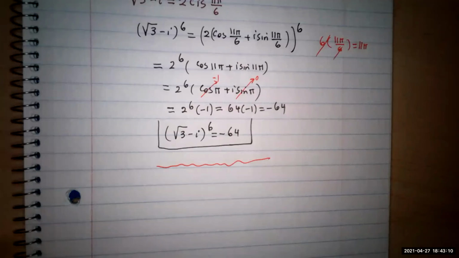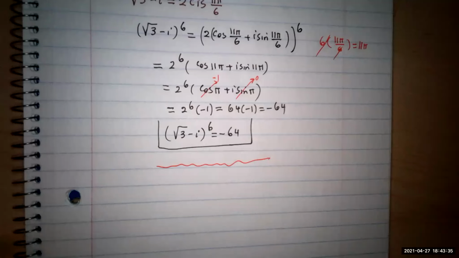So Z1 Z2 is R1 R2 CIS of theta 1 plus theta 2. But if you divide Z1 by Z2, it's R1 divided by R2, CIS of theta 1 minus theta 2. So when you multiply, you add the angles, and when you divide, you subtract the angles.